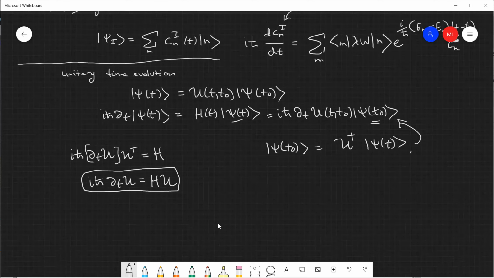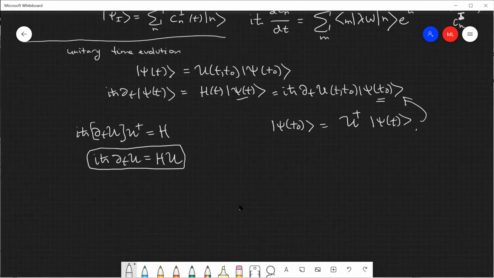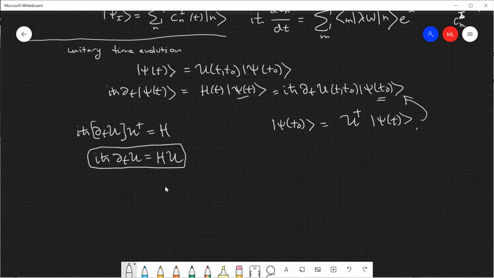So you can show then, similarly, that in the interaction picture, if we take U_I, it's not like a regular operator where you sandwich it between the two phase factors. It behaves more like a state.